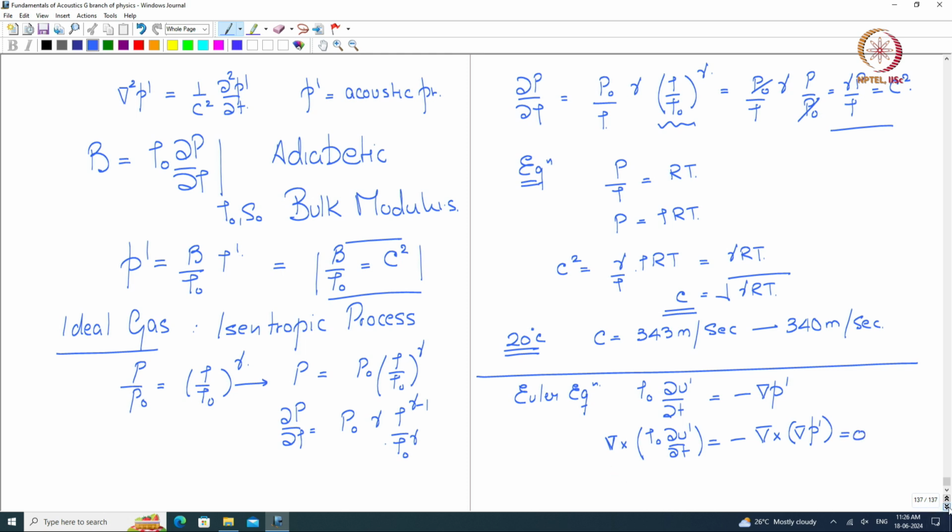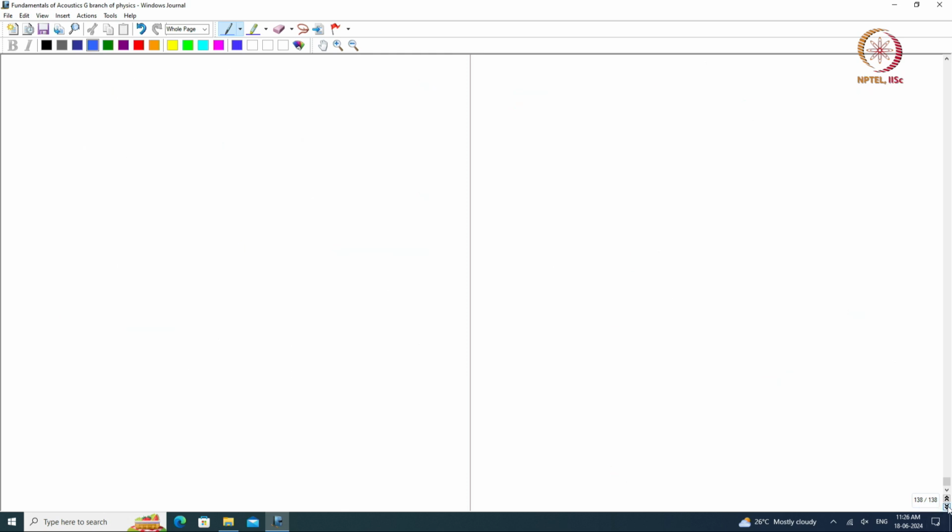So I have rho 0 del cross del u dash by del t is equal to 0, or rho 0 del by del t of del cross u dash is 0, and therefore u dash must be a gradient of some scalar. Okay. This phi is called the acoustic potential.